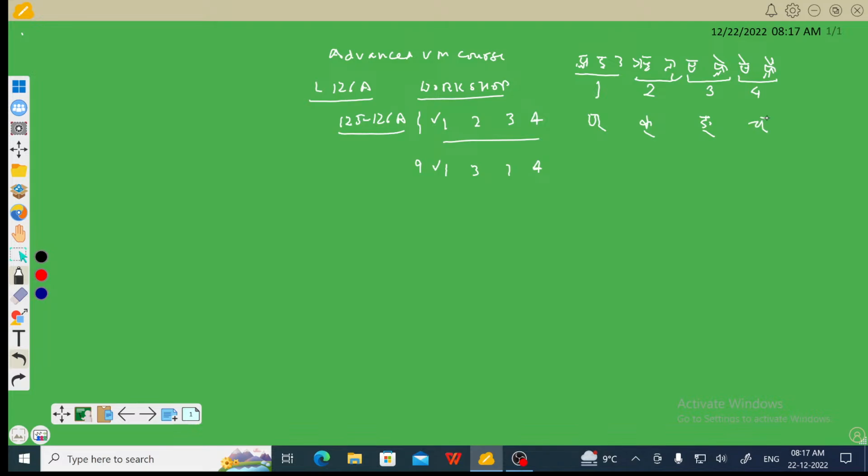See, these 3 vowels together have this value 6, here is 9, here is 13, and here is 17. The Anubandha has this value 7, here is 5, here is 5, and here is 2.